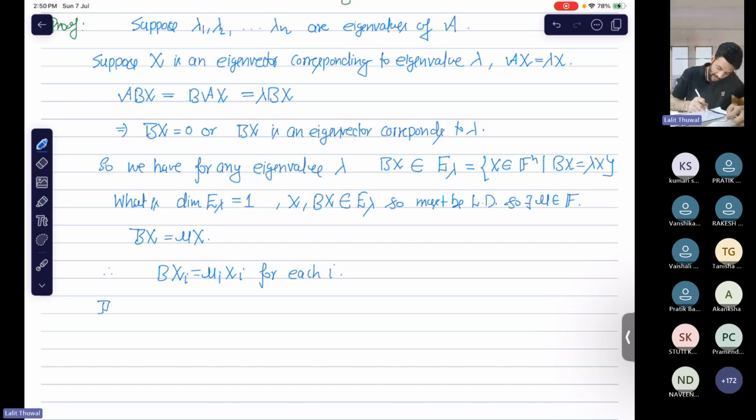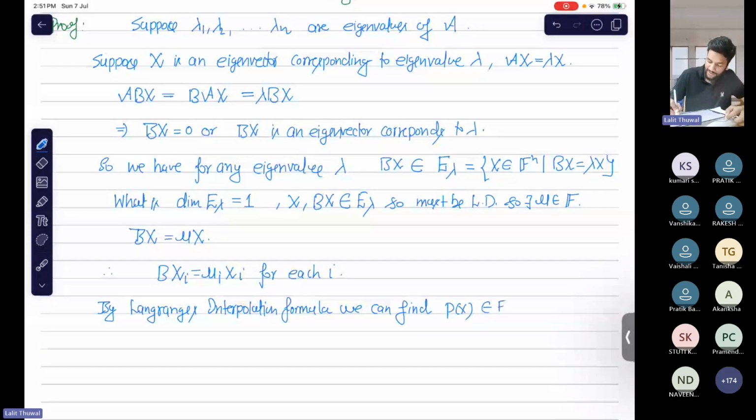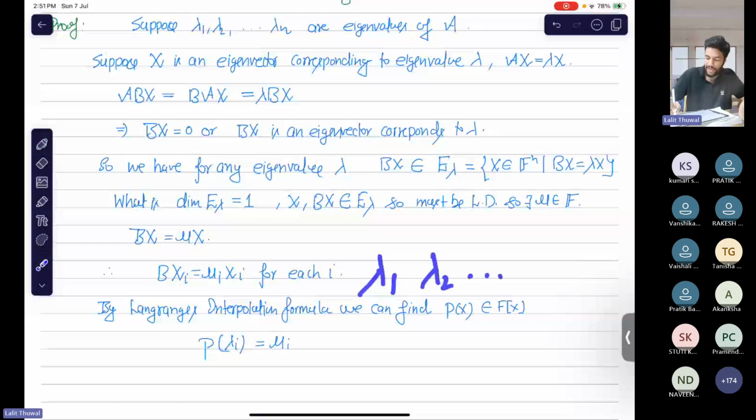Now the key idea of this problem is that, by the Lagrange interpolation formula, we can find a polynomial in the field F[x] which takes value mu_i at lambda_i. What do I mean? You have n eigenvalues, n scalars, and you also have n scalars mu 1, mu 2, dot dot dot mu n.